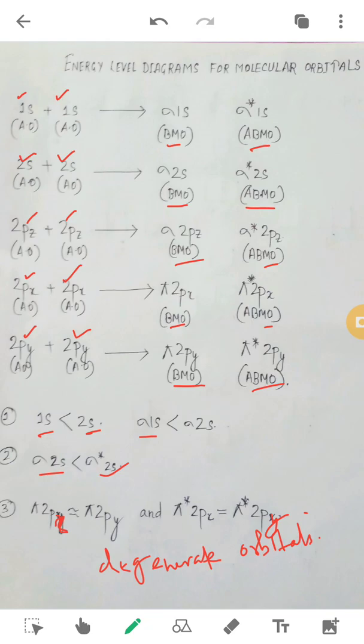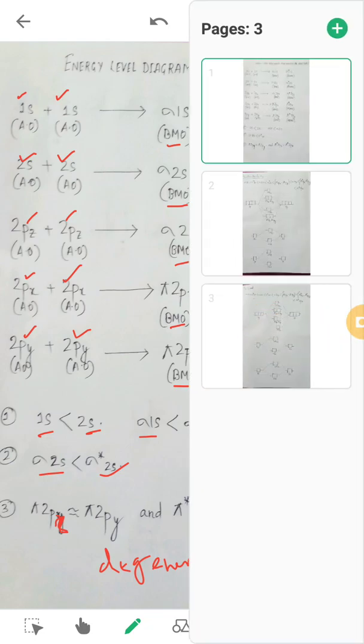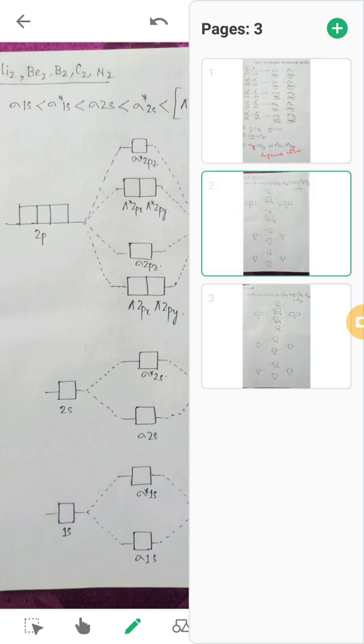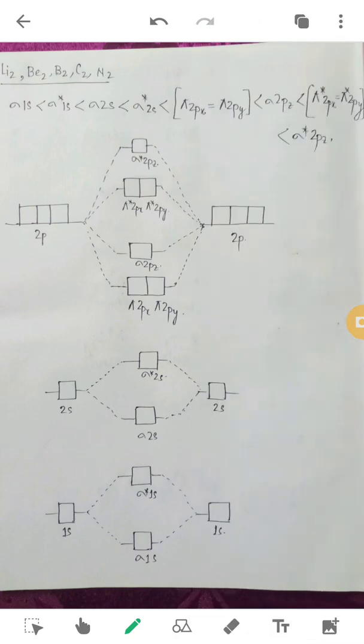Now we move to the later part and draw the energy level diagrams. For lithium, beryllium, boron, carbon and nitrogen, we have the following energy level diagram. The first thing to note is sigma 1s, then sigma star 1s, then sigma 2s, sigma star 2s. Then you have pi 2px equal to pi 2py, and sigma 2pz is higher in energy. There is a reason for that.